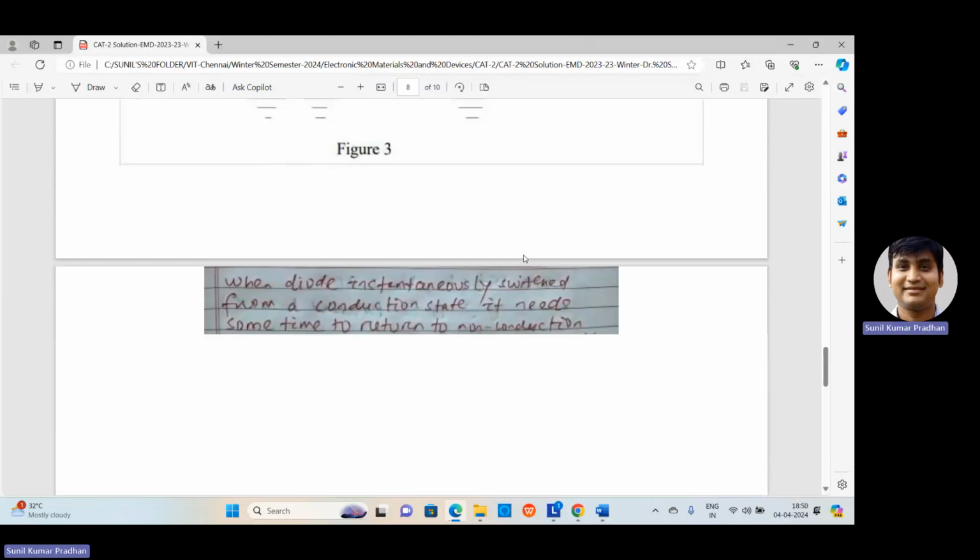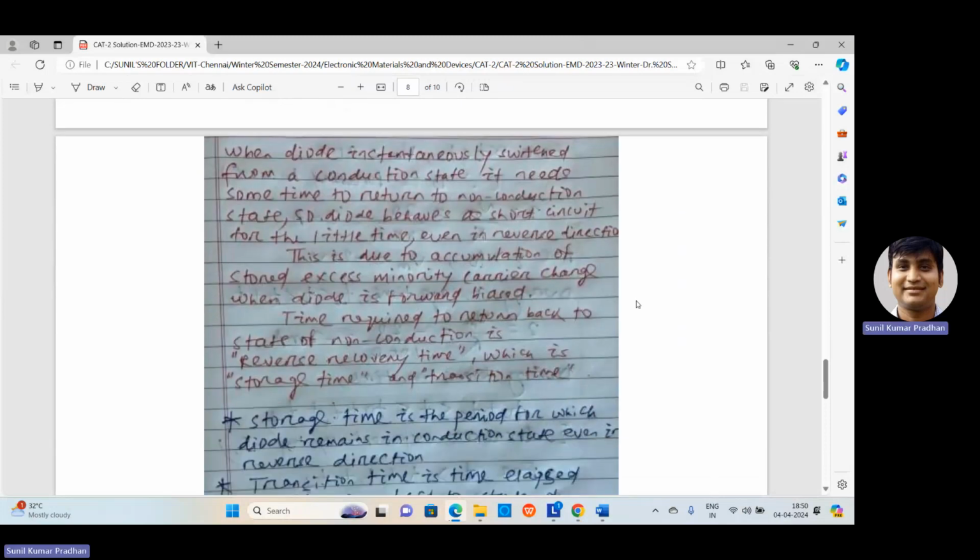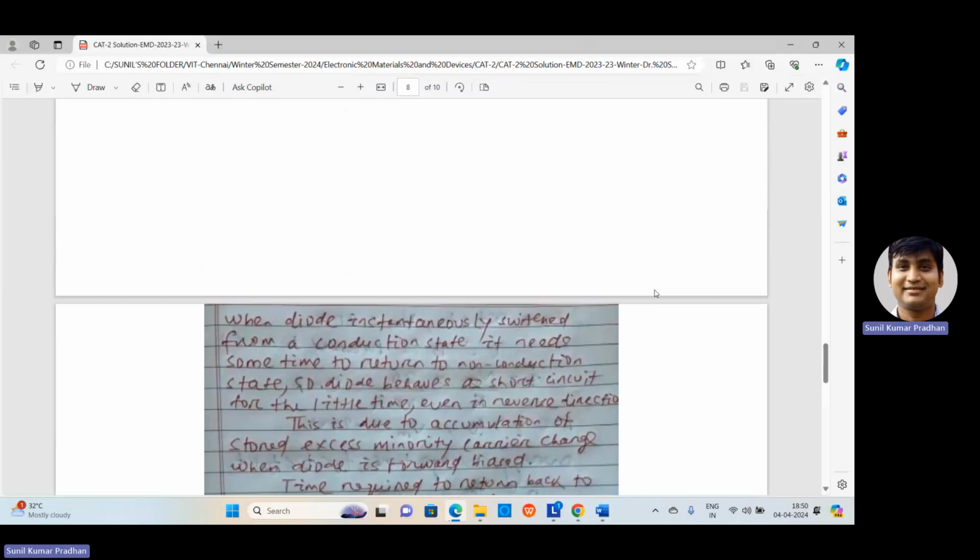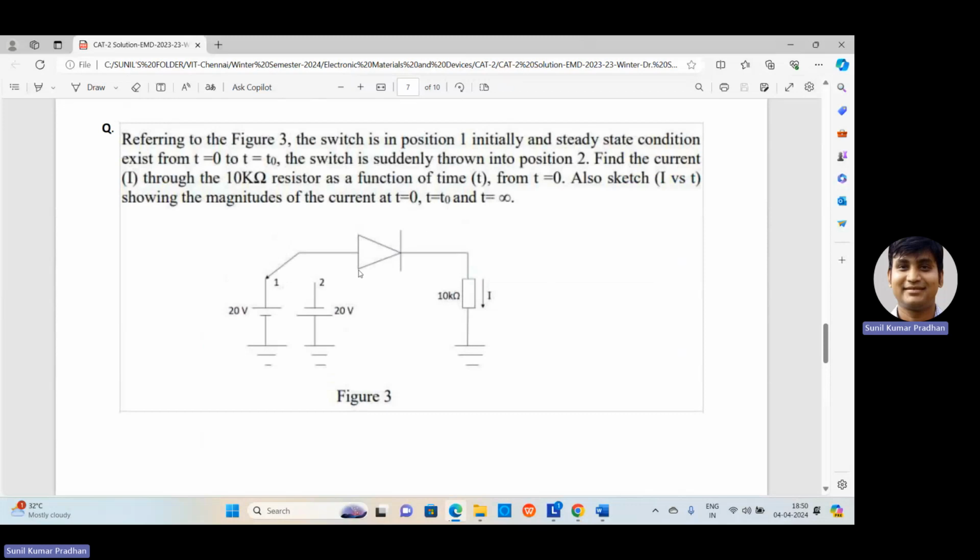We need to interpret the circuit in a way, because the diode is here. As you know, a diode is forward biased in certain cases, and reverse biased in certain cases. Okay, if you look clearly here, when the switch is in position one, this P type is connected to the positive terminal of the battery, so it is forward biased.